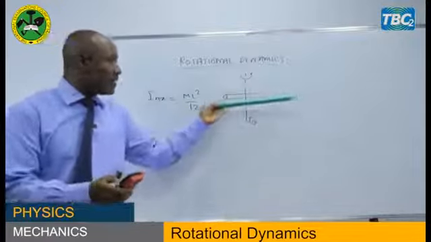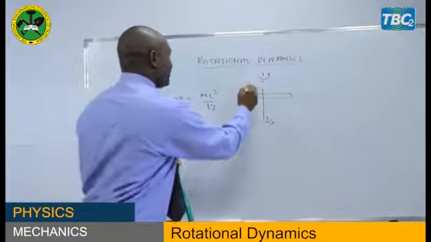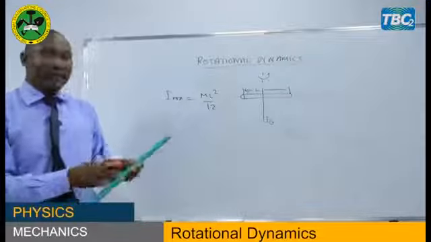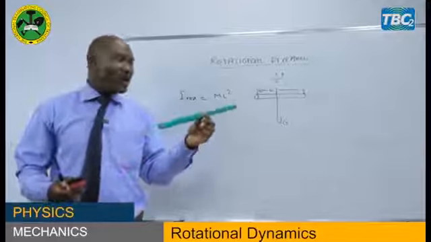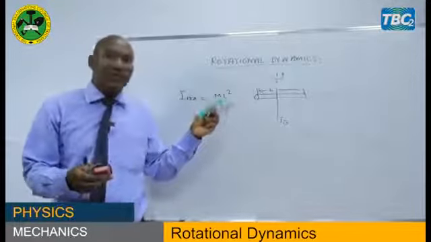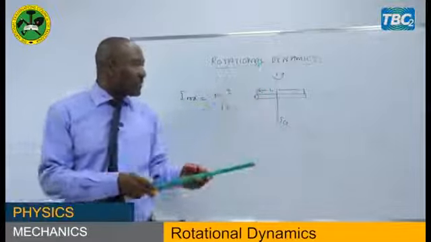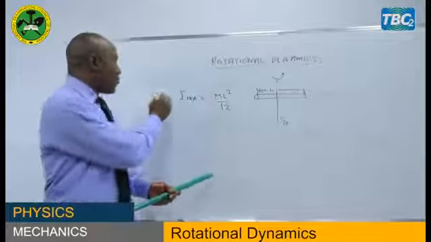This is the length of that rod, that is L. And this is the mass of that rod. So we derived the formula on how to find the moment of inertia of this particular body. If you remember, this was the moment of inertia of this rod about the center of mass. That is number 1.